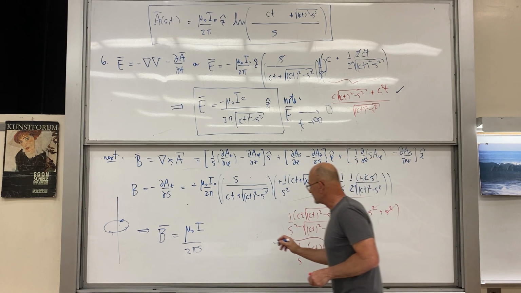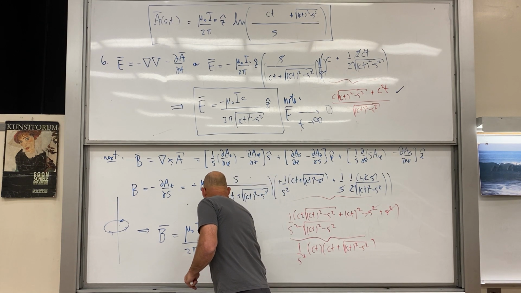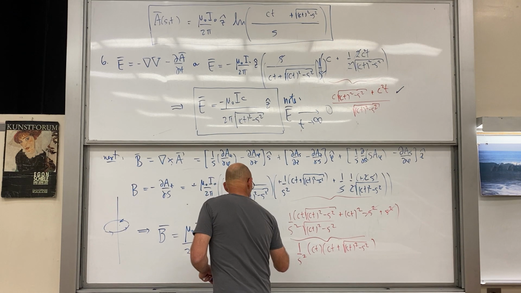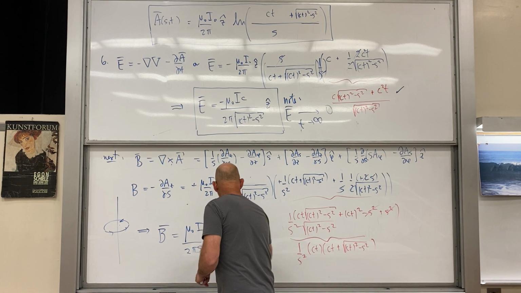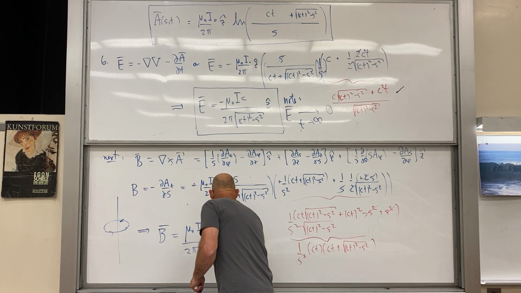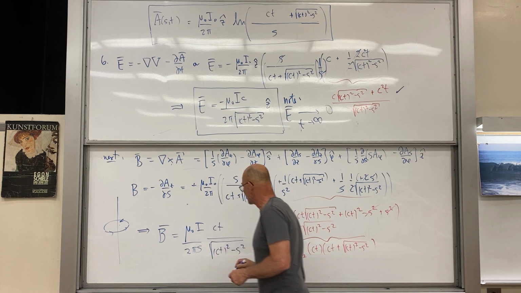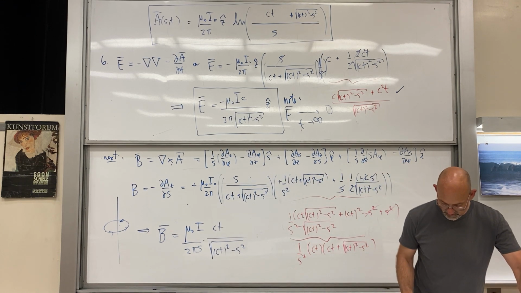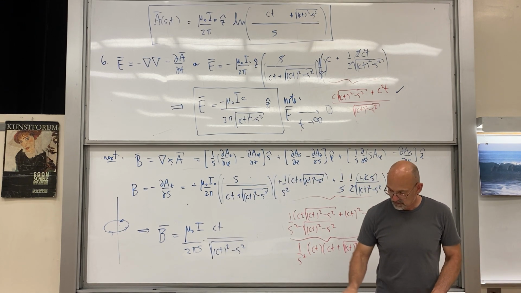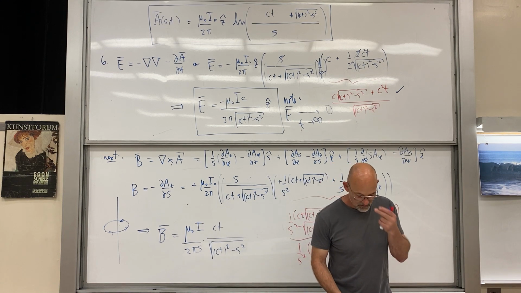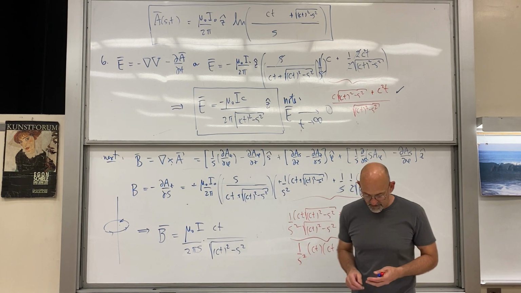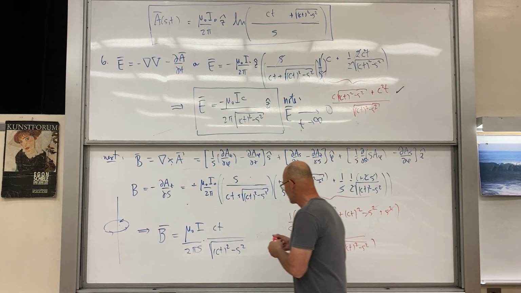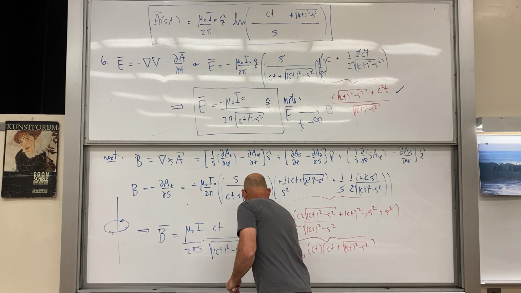And then we're left with a C times T over a root CT squared minus S squared. And we have the phi hat. Okay, this is really nice. Phi hat.